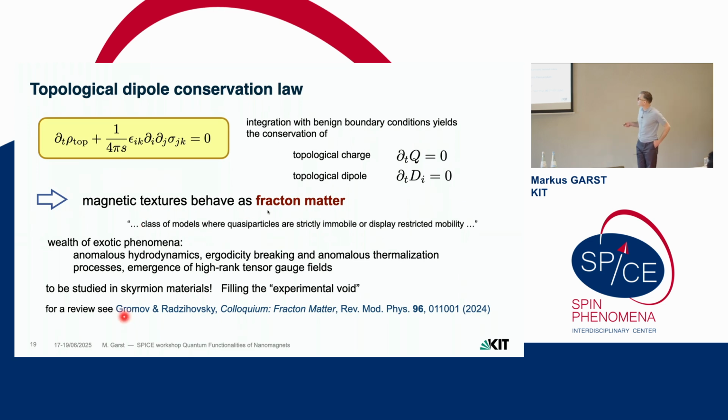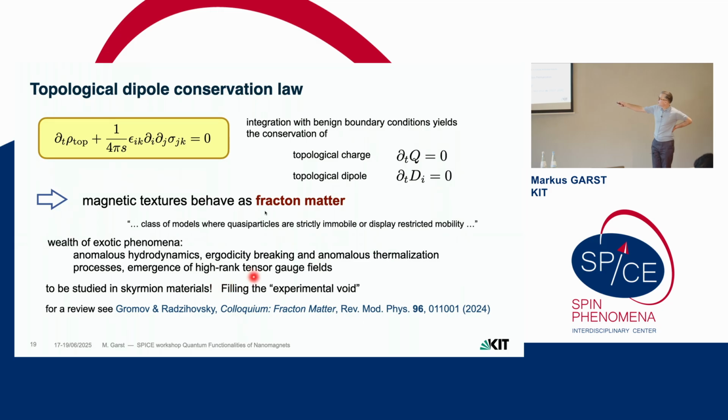Here I'm quoting the review by Nandkishore and Hermele, which is a colloquium on fracton matter, from the abstract: it's a class of models where quasi-particles are strictly immobile or display restricted mobility.